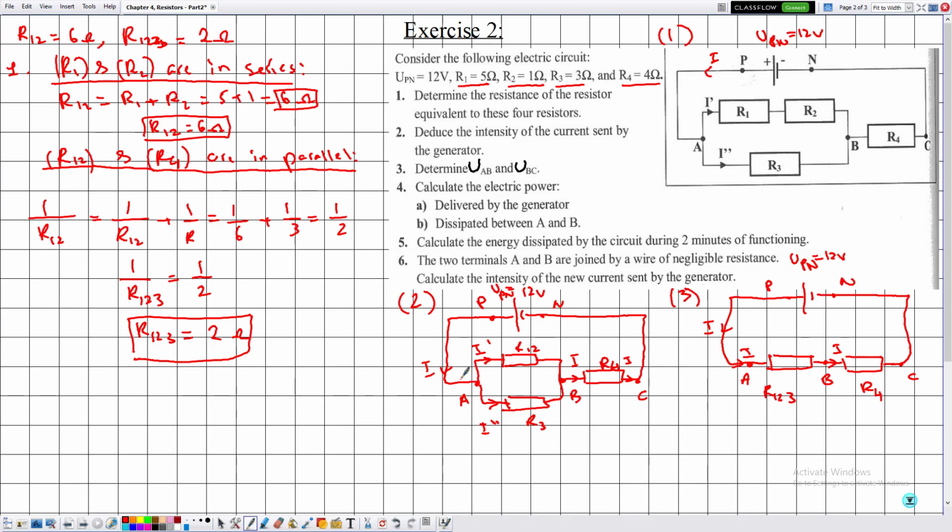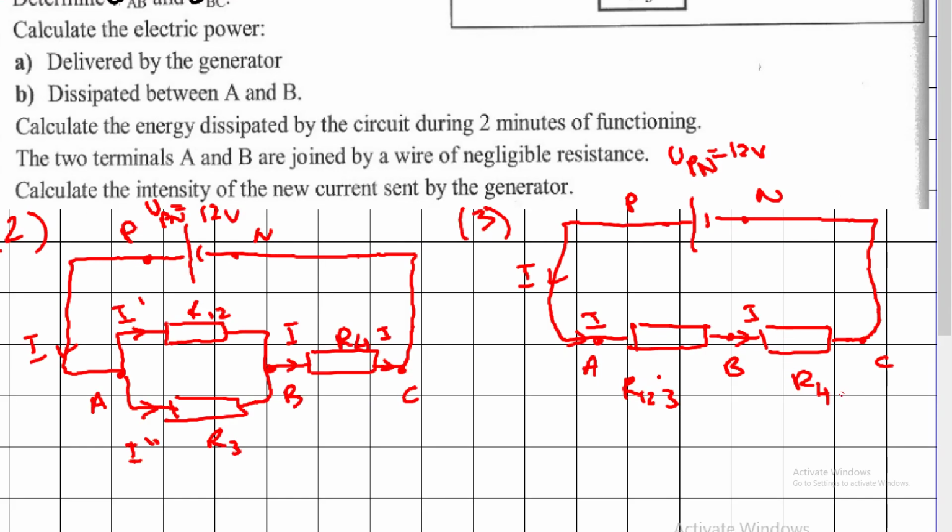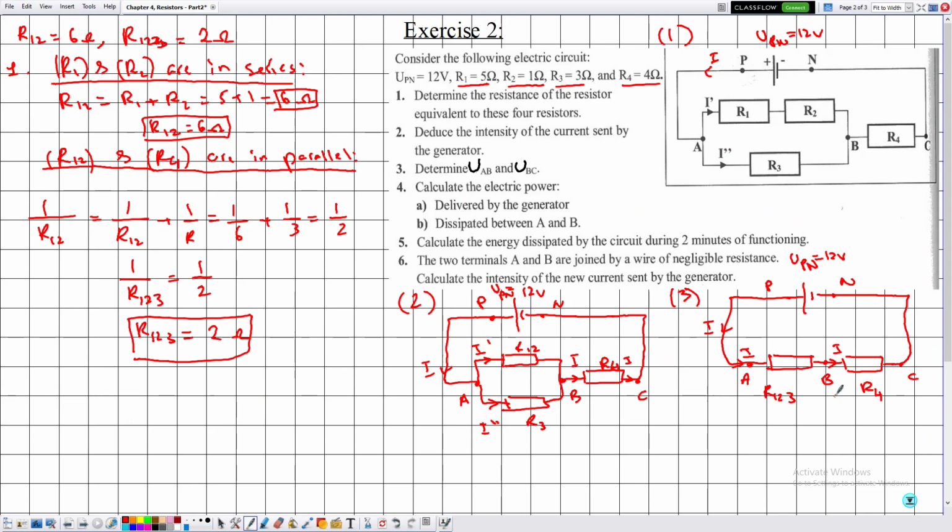Now the final equivalent resistance that we want to consider is the one in series between R123 and R4. So let me say that R123 and R4 are in series. Now we can drop down the numbering notation, and we can say that R equivalent is equal to R123 plus R4, which is equal to 2 plus 4 equal to 6 ohms.